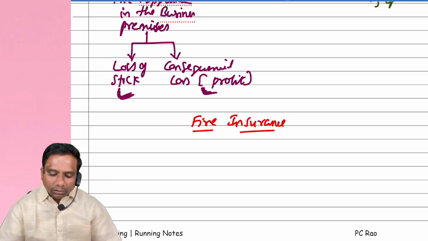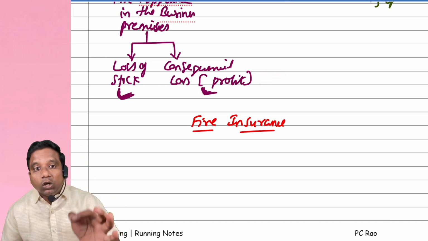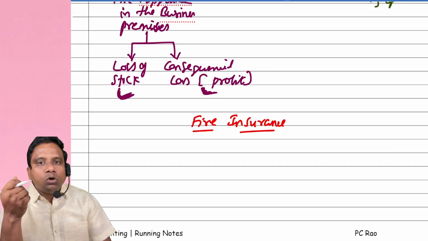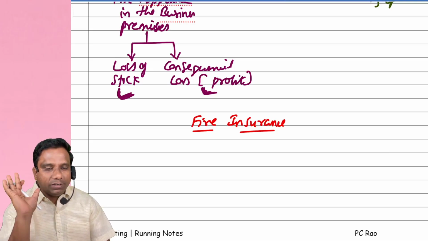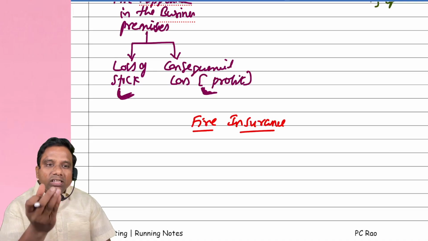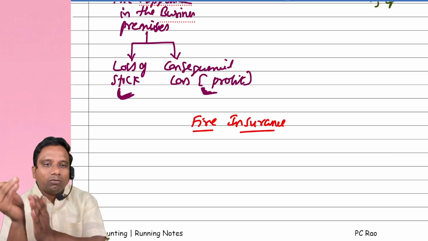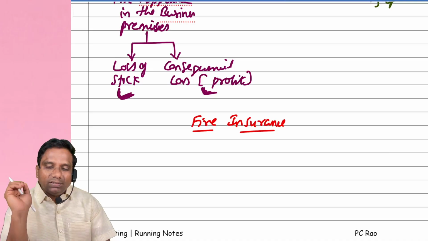Now, the question comes: how much profit did the business lose? How much amount do we claim from the insurance company in the form of loss of profit? For that, we have to do some workings.